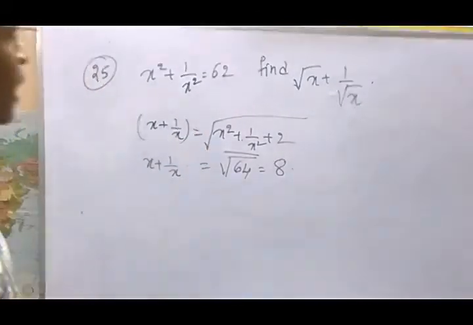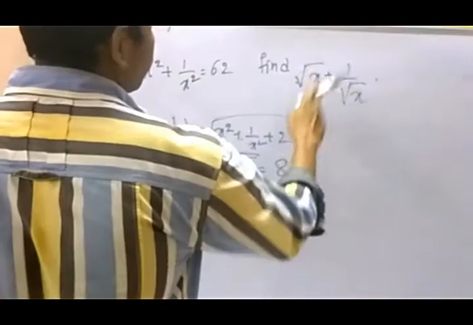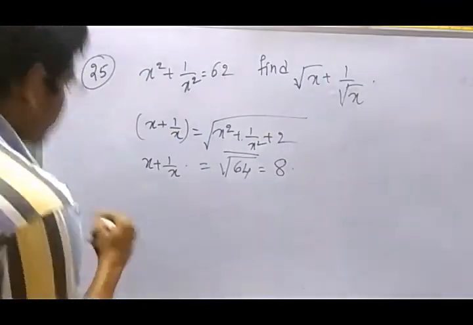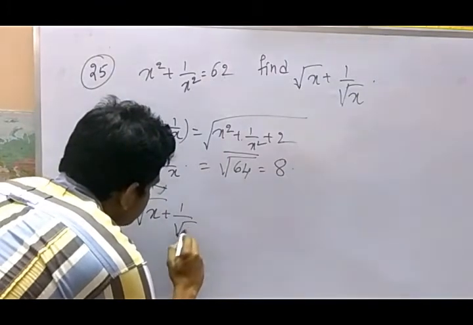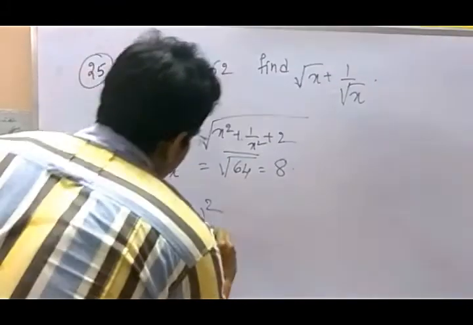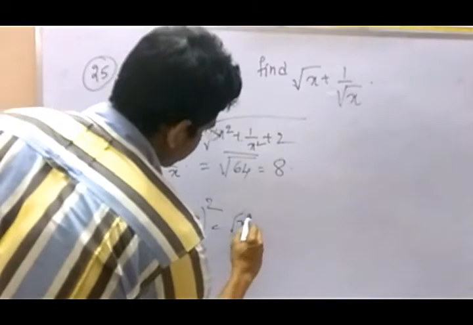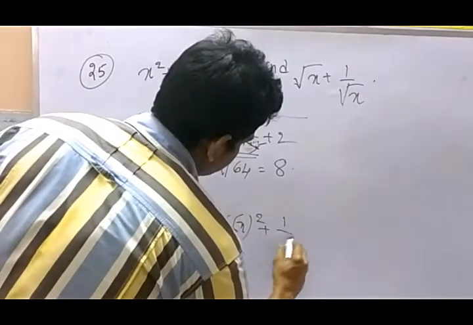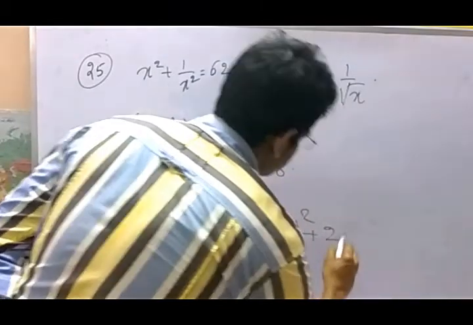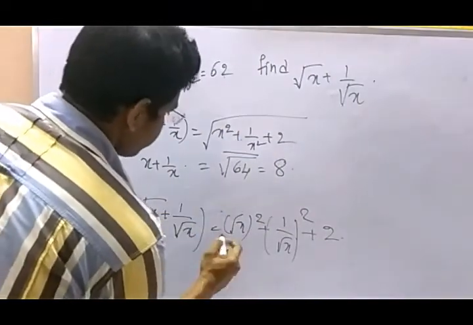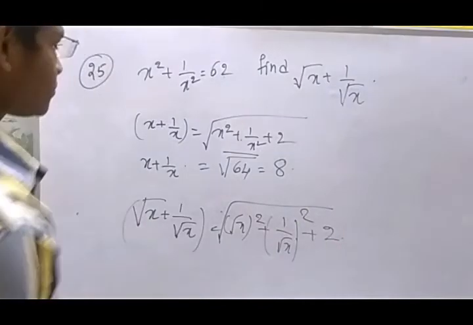But what we require? We require root x. So what we need to do? Take root x plus 1 by root x whole square. Root x whole square plus 1 by root x whole square plus 2, and this square will go here as root.